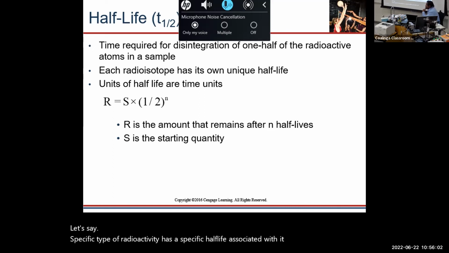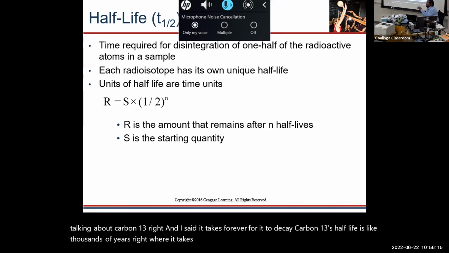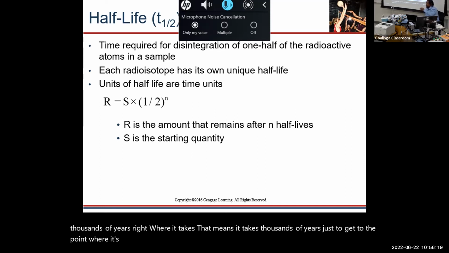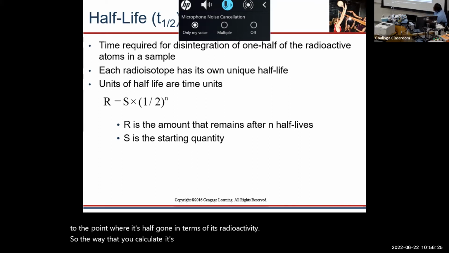Remember when I was talking about carbon-13 and I said it takes forever for it to decay? Well, carbon-13's half-life is like thousands of years. That means it takes thousands of years just to get to the point where it's half gone in terms of its radioactivity.